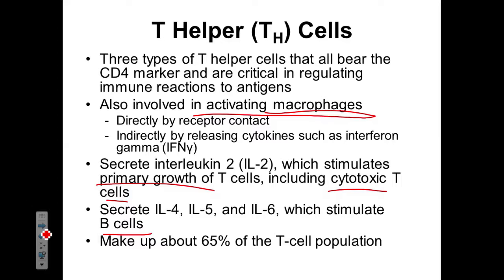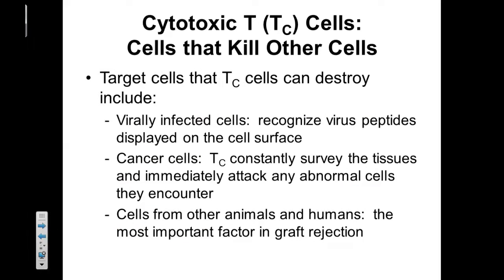T helper cells are the single most common T cell type. They make up the majority of the T cell population, coming in at 65%. Our target cells now are our cytotoxic T cells, T sub C, which can destroy human cells.